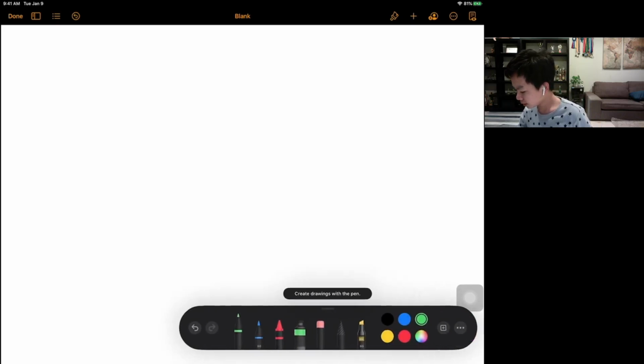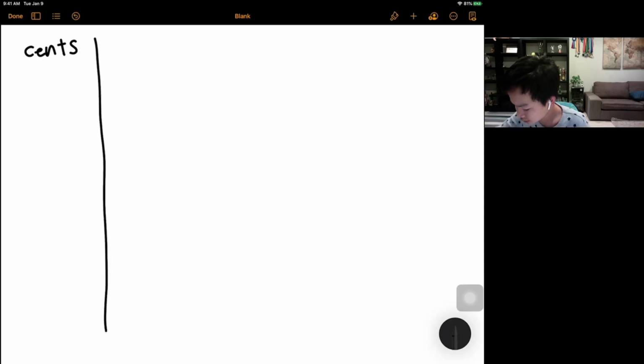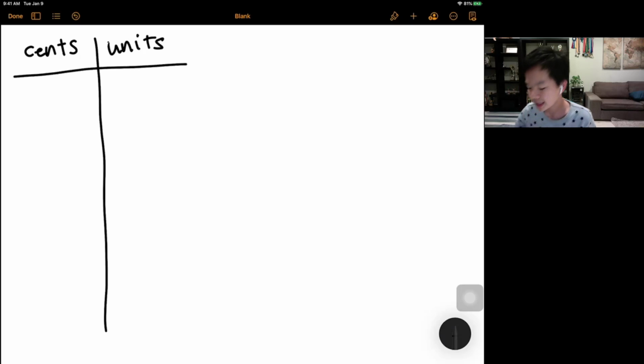So let's just write the farmers down so we can keep track. Let's actually make a table. Let's call this cents, and then we should also have units. Cents is how much the farmer sells you, the rate, and the units is how much is available.